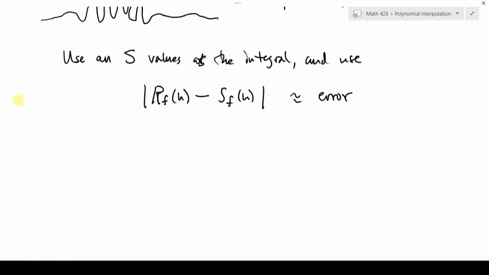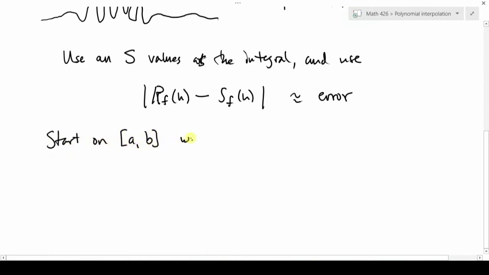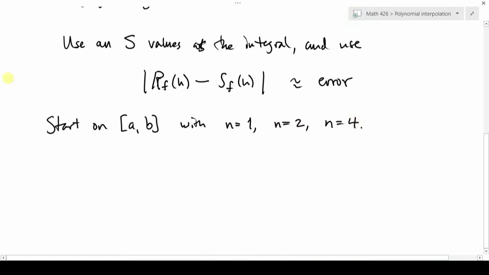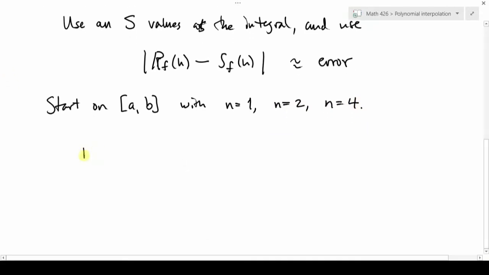So here's how it goes. We start on the full interval AB with first one interval, then two intervals, then four intervals for the integration. So what that means is, for n equals 1, we have just these 2 points.